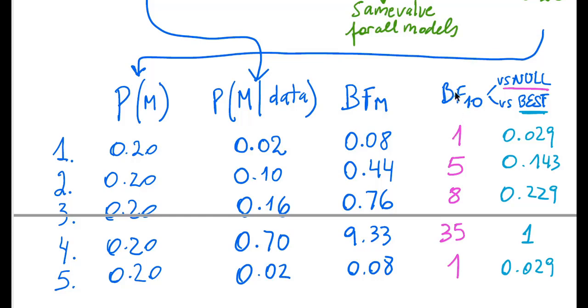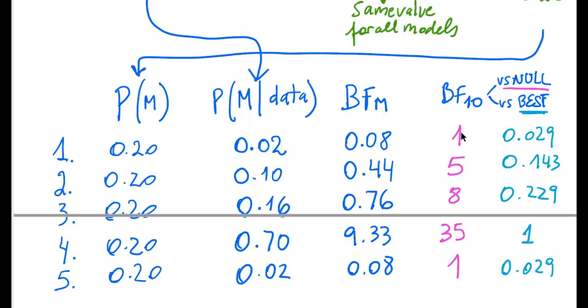So in BF10, it will calculate the probability of the model given the data of the model in this line, divided by the probability of the model given the data for the null model.